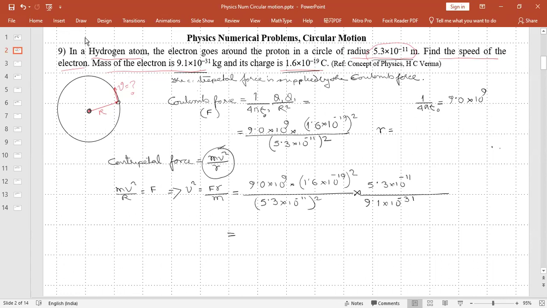If you make this calculation, you will find V square is 4.77 into 10 to the power 12. From here, you will easily get V is equal to 118 into 10 to the power 6 meter per second. So this is your answer. Then we shall go to the next question.